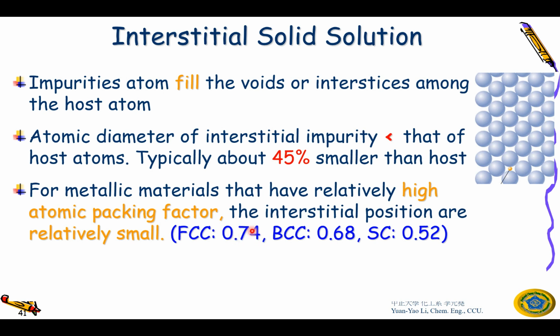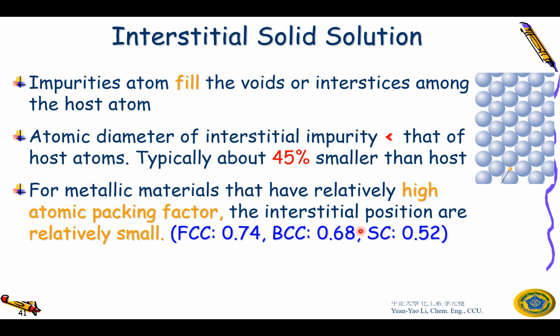That means 74% of the space is occupied by atoms, so you only have 26% empty. And for BCC, 68% of the space is occupied by atoms, so you have 32% empty space.